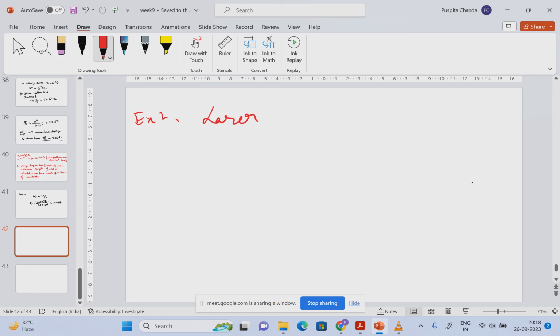Laser line widths as low as 20 hertz occur.